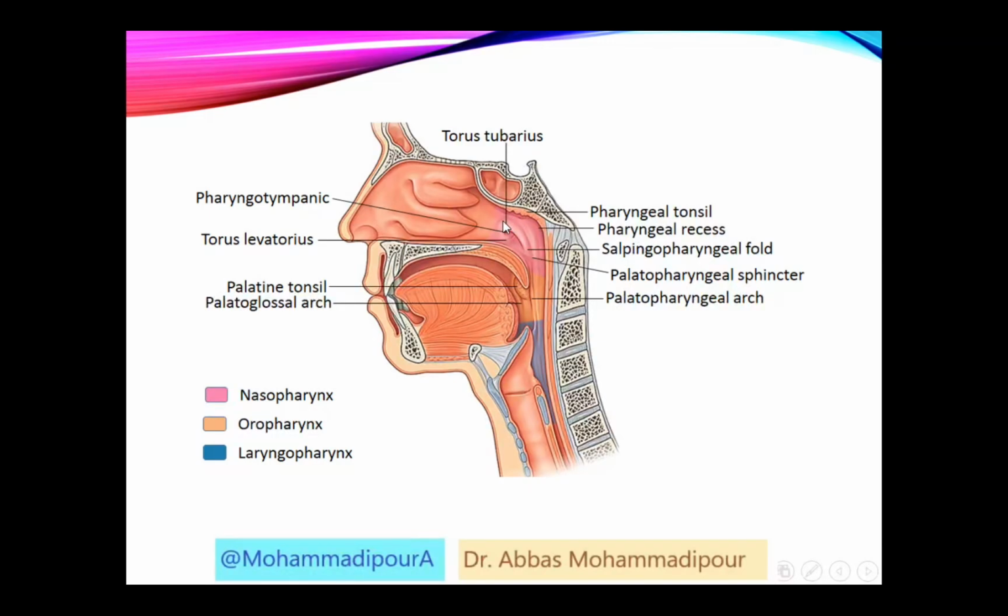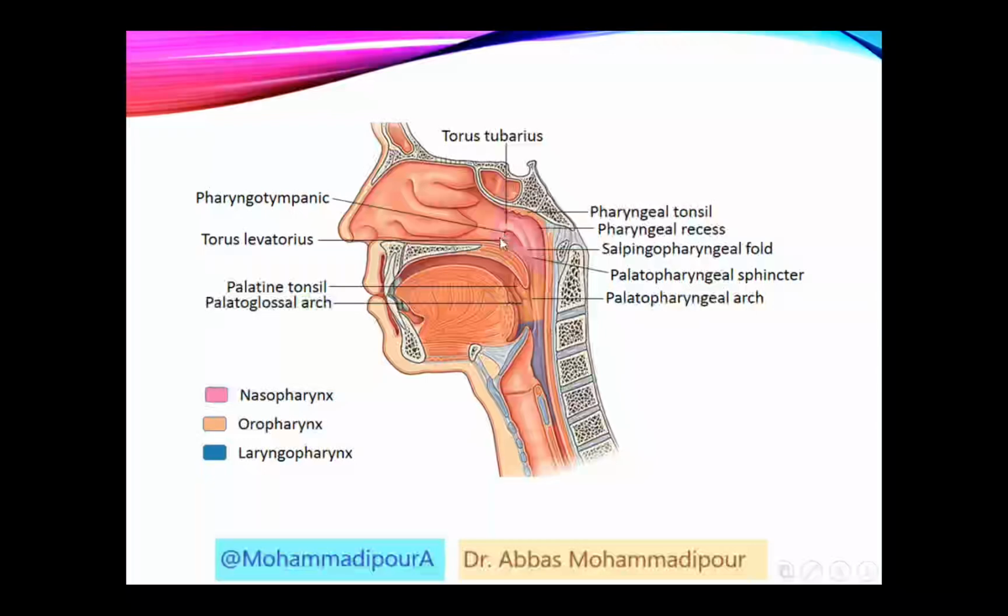We've got another torus within the nasopharynx. It's here. This torus contains muscular fibers, and we've got the levator veli palatini muscle under the mucosa of this torus. For this reason, it's called the torus levator or torus levatorius.